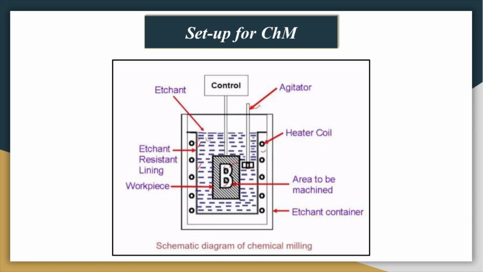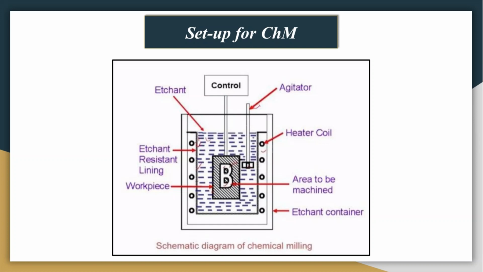On that we have to make the required impression, for which we require the etchant, and before that we have to go for masking also. Then we have to dip our workpiece in the container which includes the etchant. So this is the setup for chemical machining.